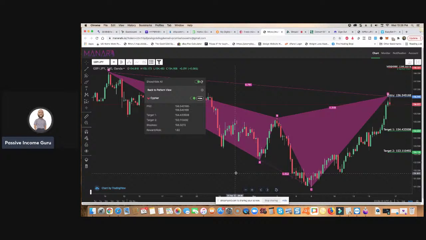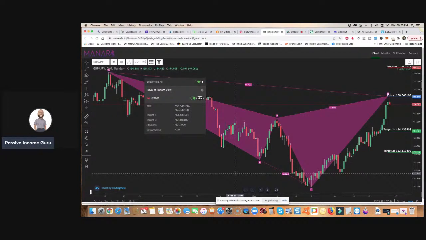So what the Menara is going to do is give you precise entry points. It's going to give you your stop loss, your targets. And not only that, it's going to do the heavy lifting for you and scan the market for you on all the pairs that you suggest, and give you the setups.